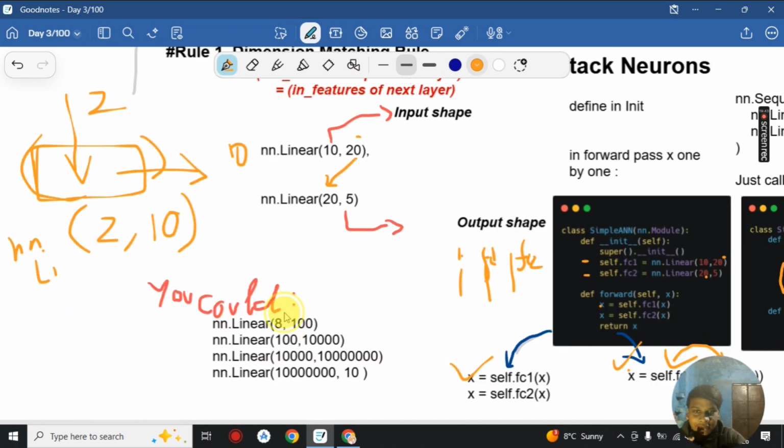Here the input tensor is 8, which is okay, then the 100 of the previous layer should be equal to the 100 of the input of the next layer, and here also the same, and finally we want to get the output in 10 numbers, so we write here 10. Okay, so our input shape was an 8-dimensional tensor and the output shape is a 10-dimensional tensor.